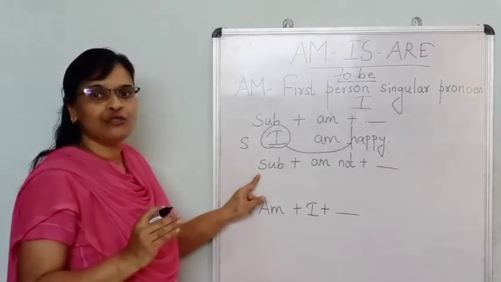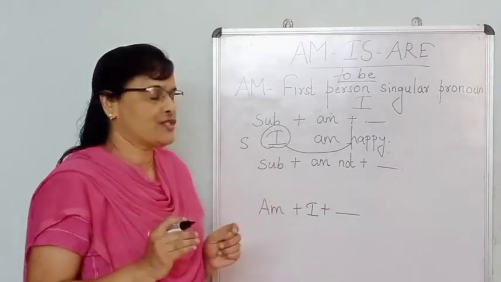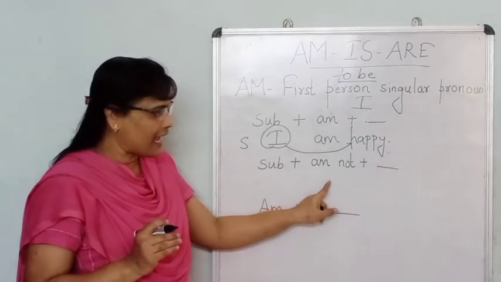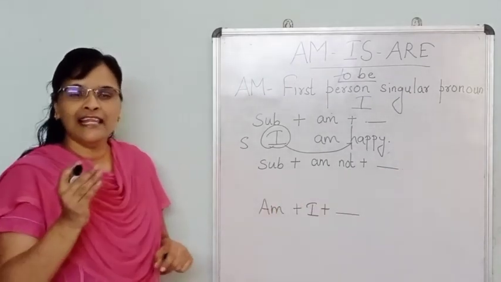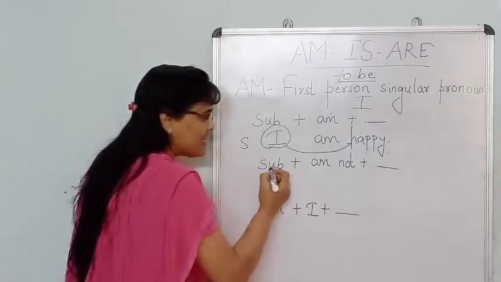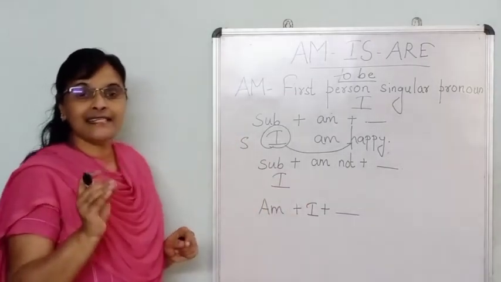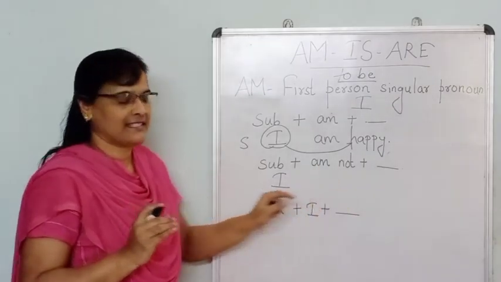Now, let's come to negative sentences. That is where not is used. Here again, it's subject plus am not plus the rest part of the sentence. Let's put I here. Our subject is I. Then, as it is a negative sentence, we have to put am not.